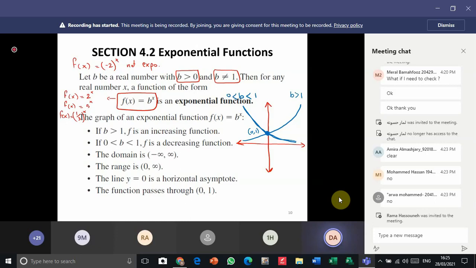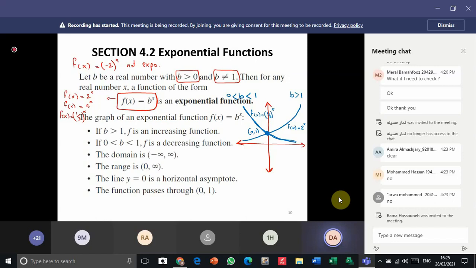For example, 1/2, 3/5, 2/3, like this. So f of x equals 2 to the power x is an increase, but f of x equals (1/2) to the power x is a decrease.